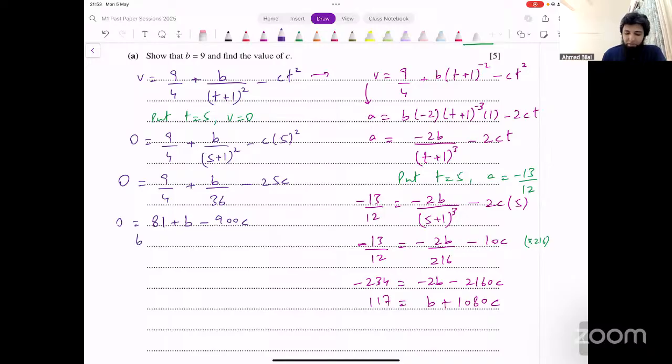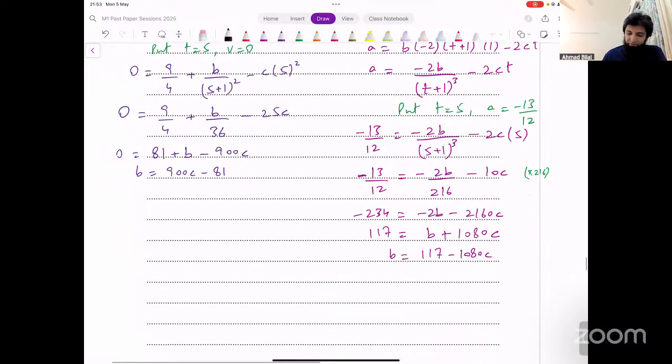You make b the subject, and that gives you 900c minus 81. And from the other equation as well, you can make b the subject if you want, and that will give you 117 minus 1080 times c. Equate these two equations and see what that gives you. 900c minus 81 equals 117 minus 1080 times c.